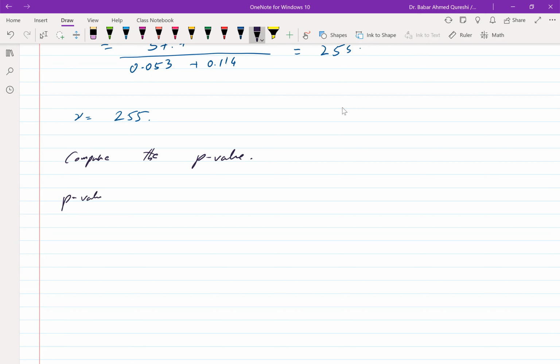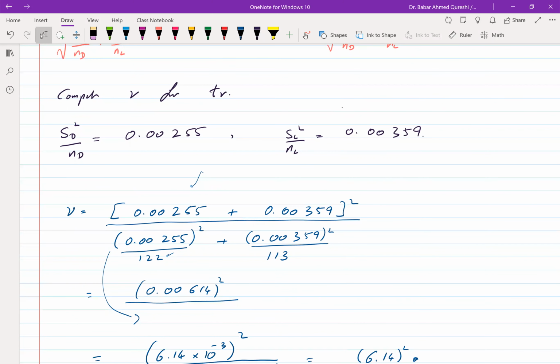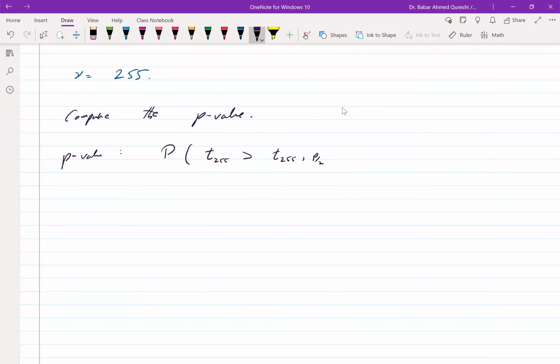So the p-value in this case would be the probability that this variable is bigger than, because I got a number, if I compute this number, so if this is bigger than or equal to this, where this is equal to xd, assuming that I got a number bigger than 0.